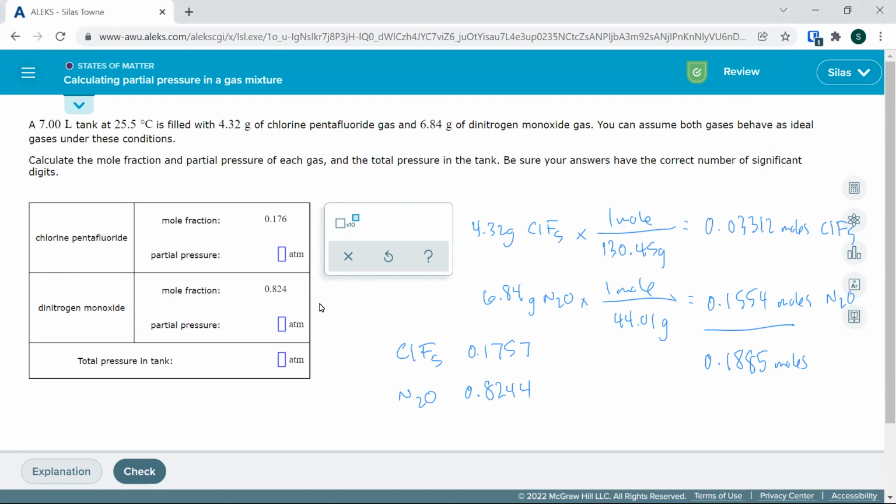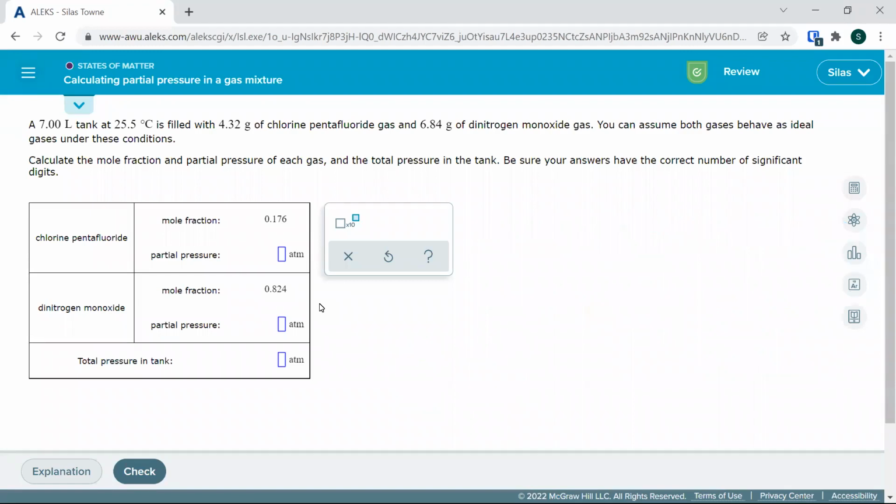Now we're going to keep track of our moles. And so we're going to rearrange our PV equals nRT. We're going to solve for P. So we're going to divide by volume. So our first moles is 0.03312.